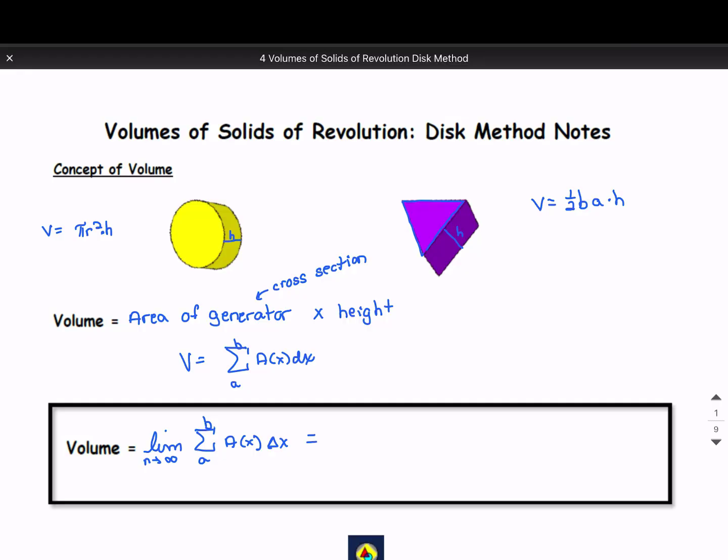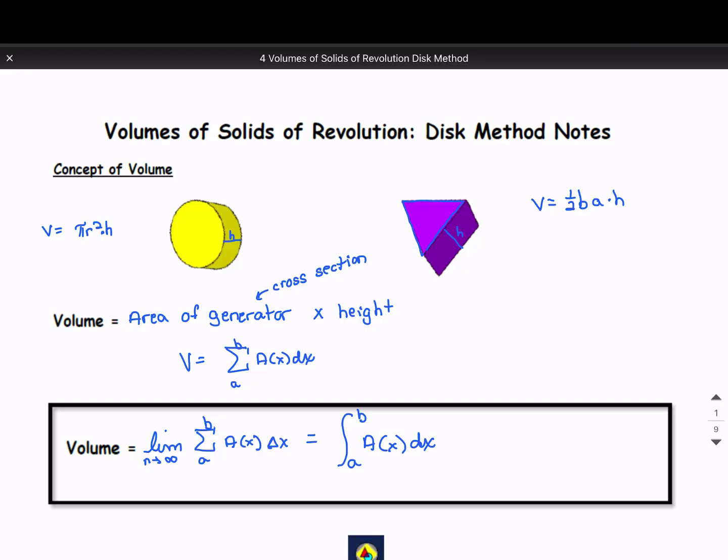This is the same as the integral from a to b of the area of the cross section times dx. So in order to find the volume of a shape, we're going to integrate from a to b the area of a cross section with respect to x.